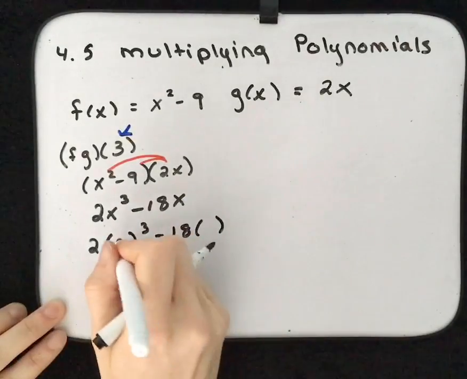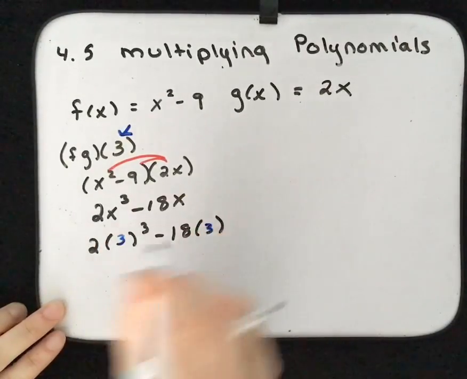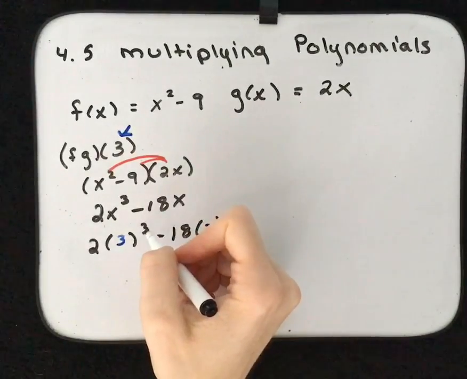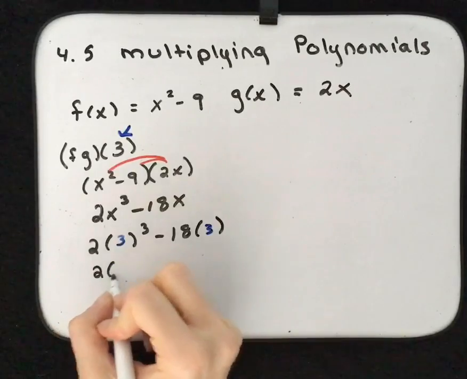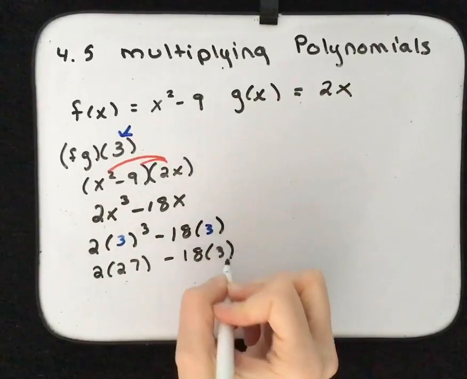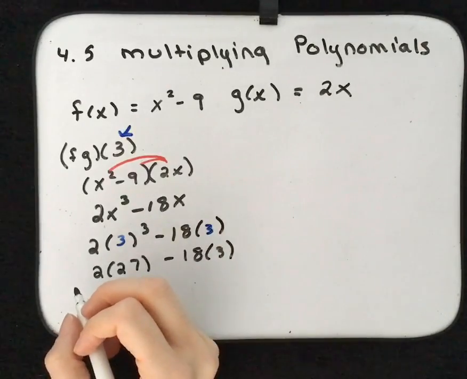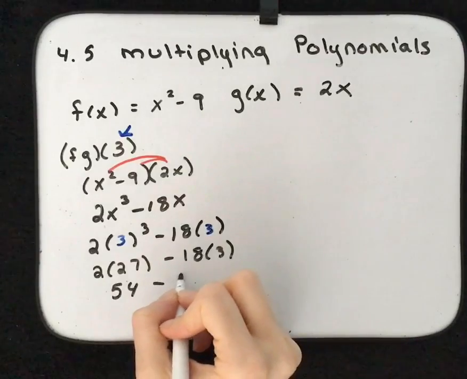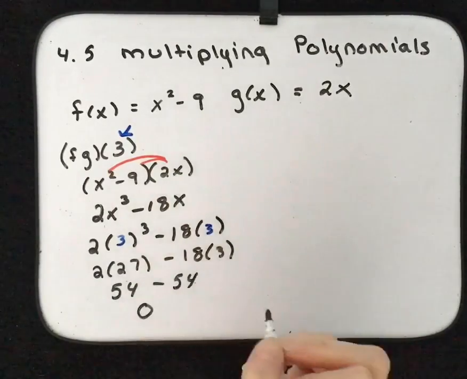And inside that parenthesis, we put our 3. So 3 times 3 is 27. So this gives us 2 times 27 minus 18 times 3. 2 times 27 is 54. 18 times 3 is also 54, so this simplifies to 0.